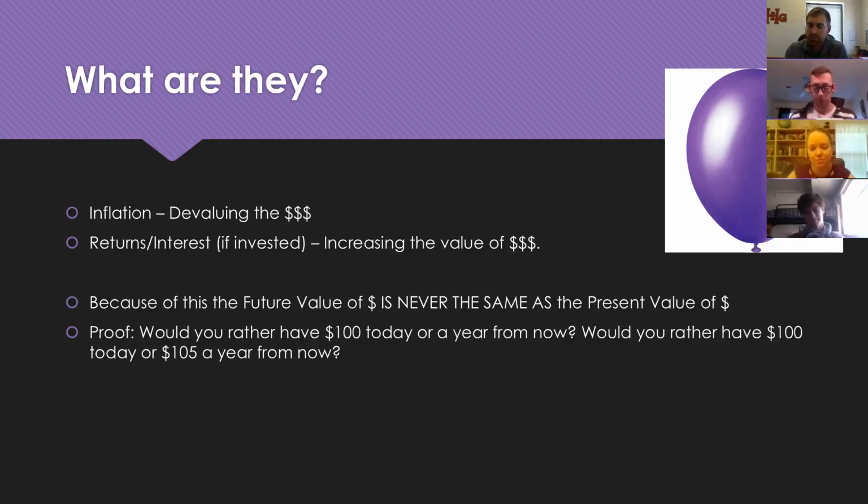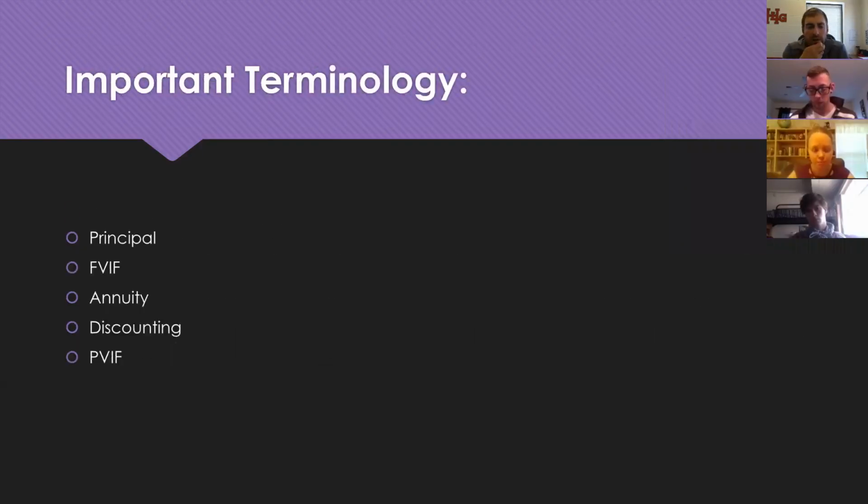Because the financial answer is you could invest it and probably have 105, 110 a year from now. The next question would be, well, it depends on how high of a return I could get on that $100 in order to answer whether I'd rather have 100 now or 105 a year from now. So the big idea is understanding these concepts.